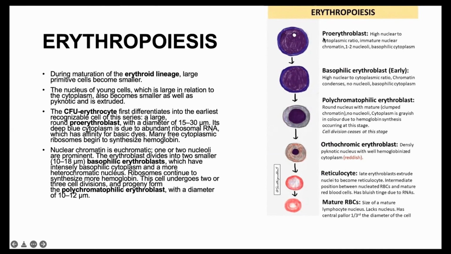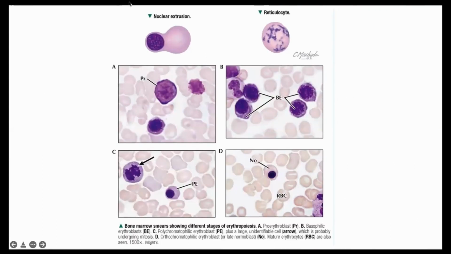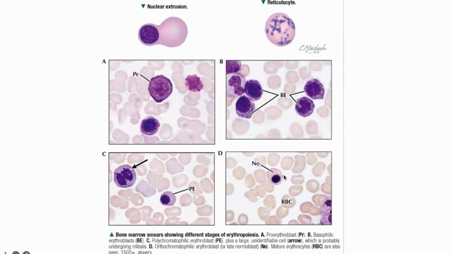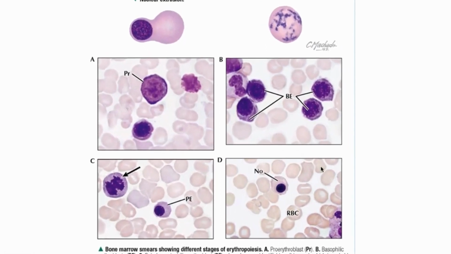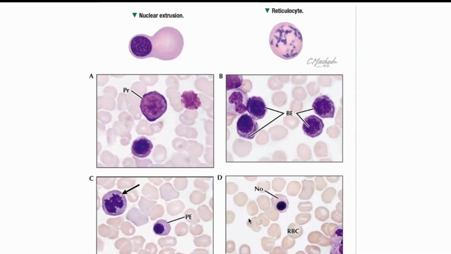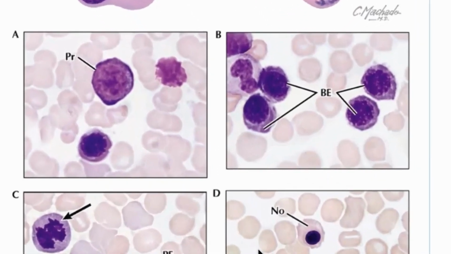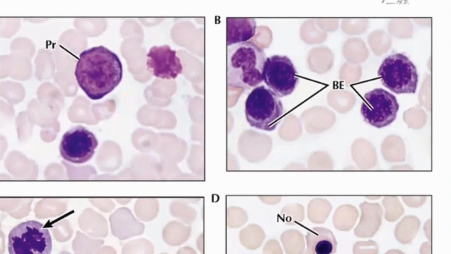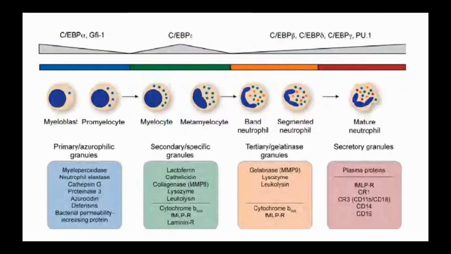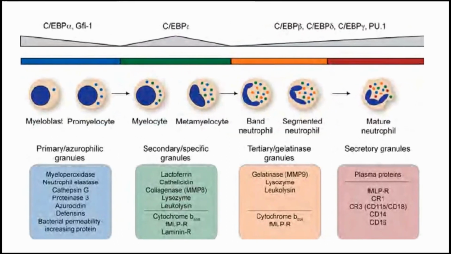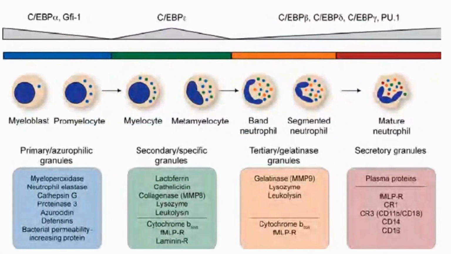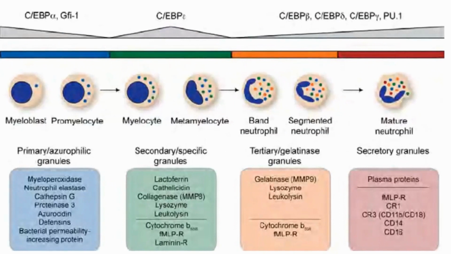Well, it's good to know the lineage that it comes from. And this is just showing the nuclear extrusion before it becomes a reticulocyte. And if you see, for example, a red blood cell that is nucleated in the peripheral blood, you know that's an immature cell that is not supposed to be there. And this is basically just showing again the leukopoiesis, just like the hematopoiesis, granulopoiesis.